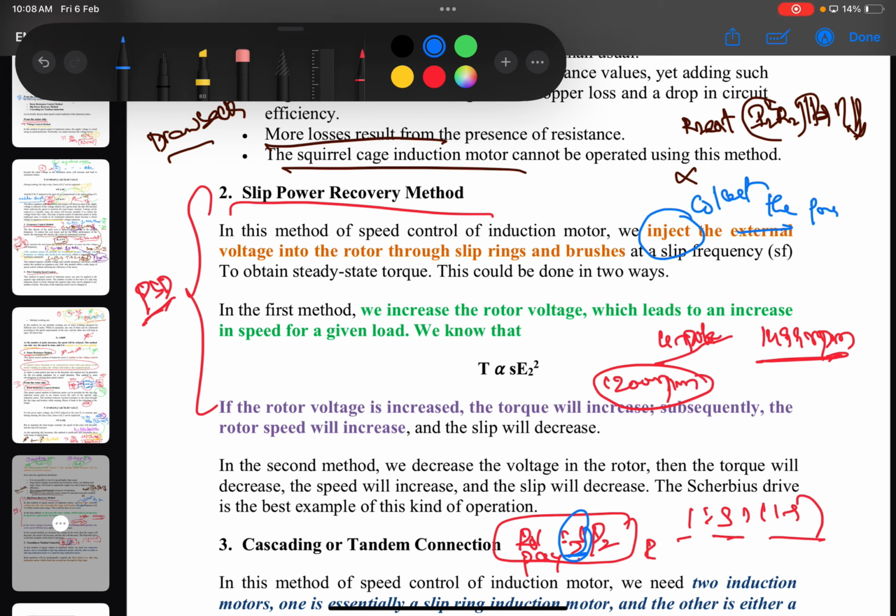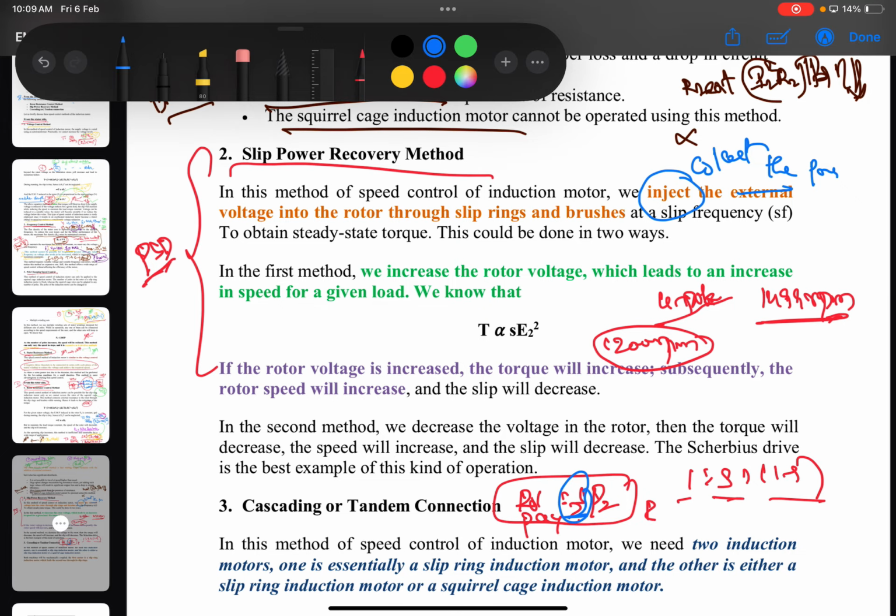We can collect the power from the rotor and utilize it in some other place. This is what the slip power recovery concept is.